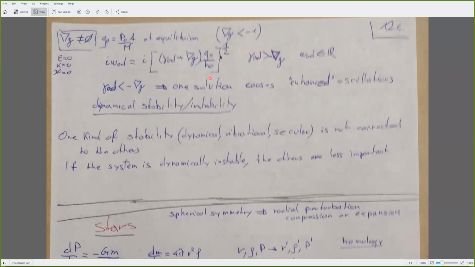Here inside the square root, when the adiabatic coefficient is greater than this value, the frequency is real, so we have an oscillation. But if the adiabatic coefficient is less than minus the gradient, so less than 1 in this case, we have a solution that causes an enhanced oscillation, because here this is negative.